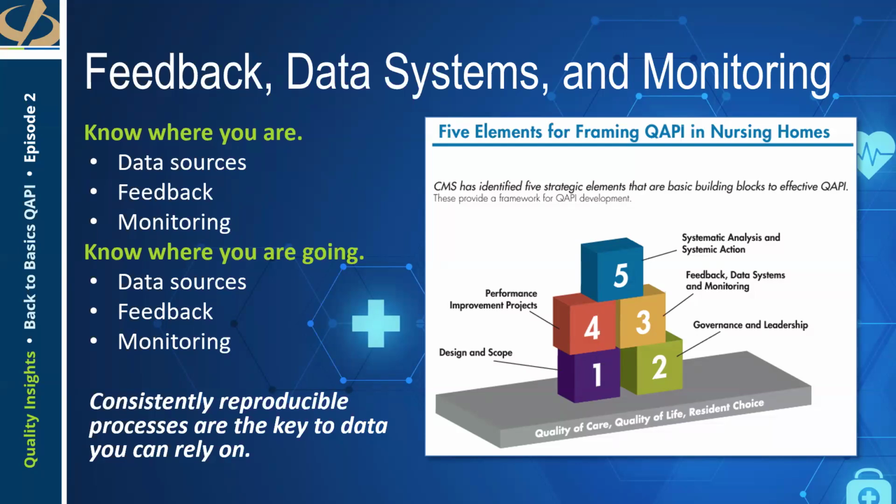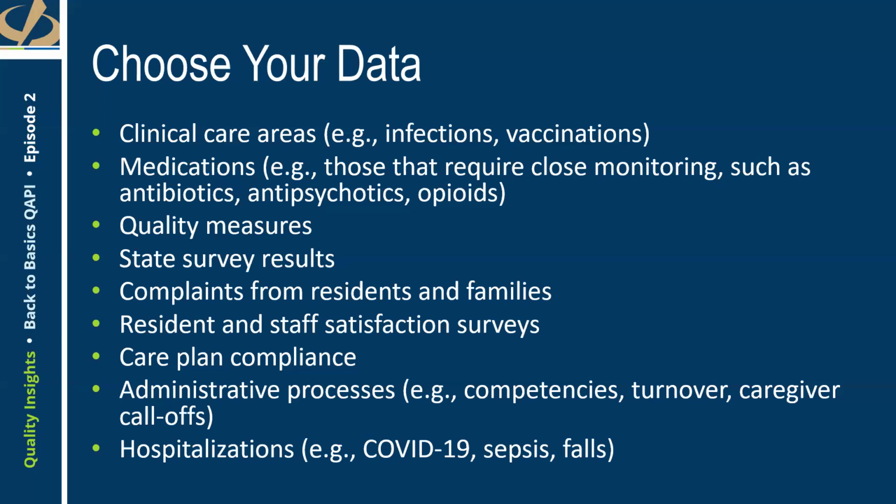It emphasizes gathering feedback from staff, residents, and families, tracking care and outcomes using performance indicators, and investigating issues to create effective prevention plans. Think of it like planning a trip. You need to know where you are before you decide where you want to go. Feedback and data act as your map, while reliable processes ensure that everyone stays on track.